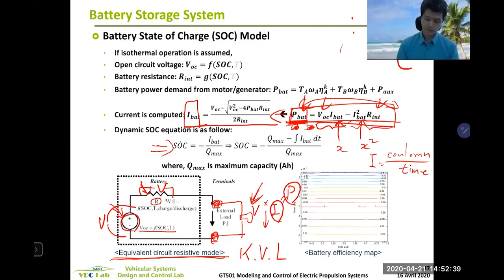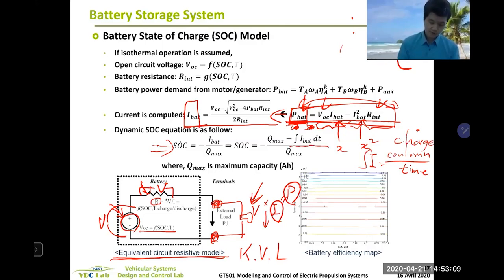So this is charge rate, charge per time. So if you want to find out how much charge you have, you need to integrate current. Then you get charge.